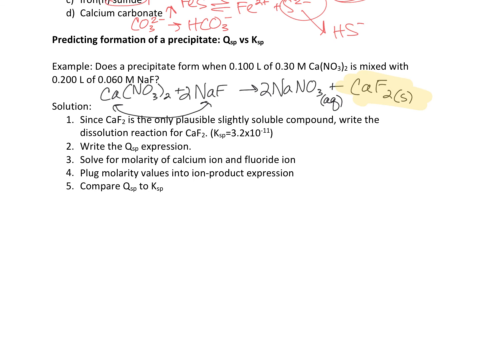So step 1: since calcium fluoride is the only plausible, slightly soluble compound, write the dissolution reaction. The dissolution reaction would be calcium fluoride dissolving into calcium and fluoride ions.